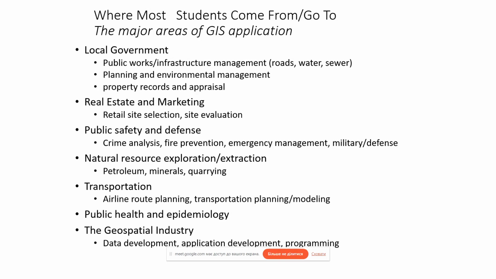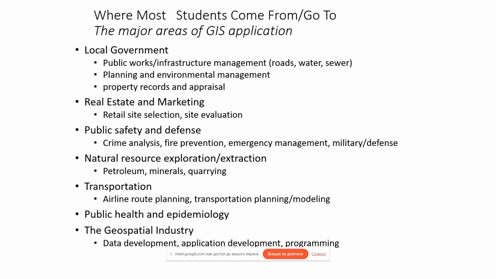So, the future direction of your work after graduating from university: people or students who have enough GIS skills can work for local government, public works infrastructure management, planning and environmental management.